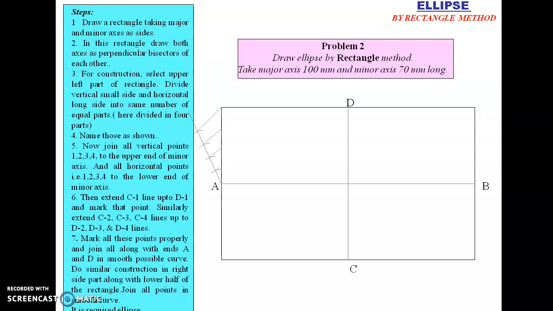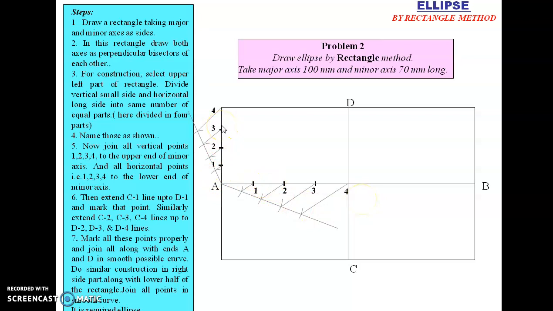So I divided this small vertical line in 4 parts on the left corner, and these are 1, 2, 3 and 4. Now similarly I divided the horizontal line also in 4 equal parts, and gave the names 1, 2, 3, 4 on the horizontal line and the vertical line.